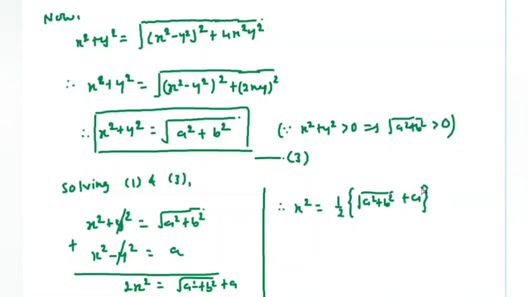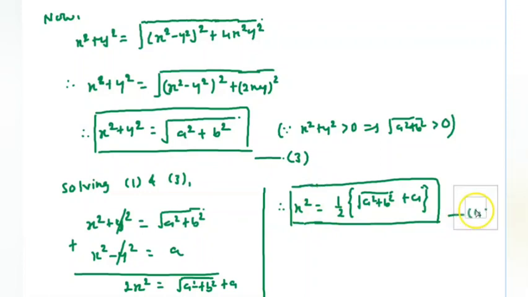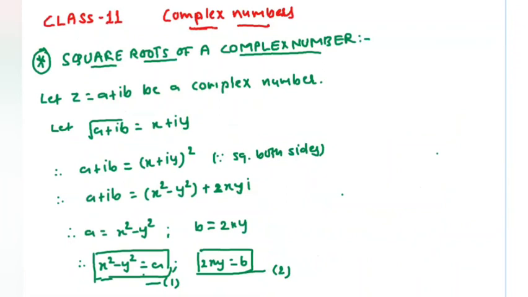Now substituting the value of x square in equation 1. What is equation 1? Equation 1 is x square minus y square is equal to a.